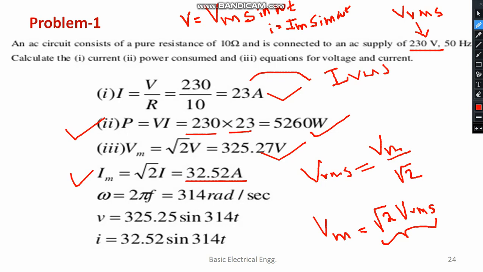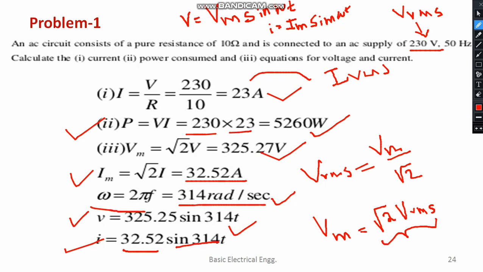Omega is the angular frequency, which is equal to 2 pi into the supply frequency, that is 314 radian per second. Therefore we can write V is equal to 325.27 sin 314 t, and I is equal to 32.52 sin 314 t. So these are the equations.